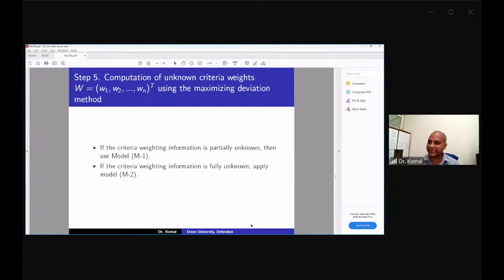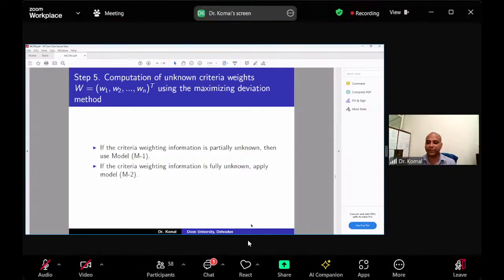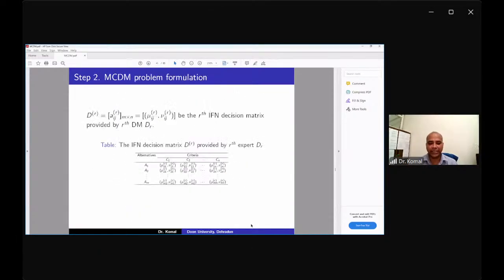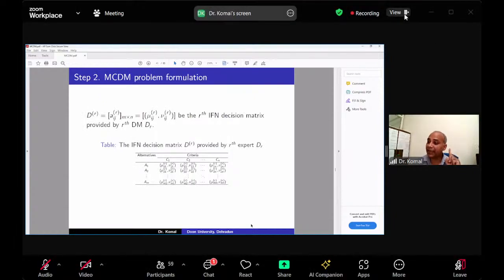Now the essential thing is the weight of the criteria. To find the criteria weight, we can use the maximizing deviation method, which we have already discussed. We have two types of cases: either the information is partially unknown or it is fully unknown. To find these weights, we will use the matrices originally provided by the experts.